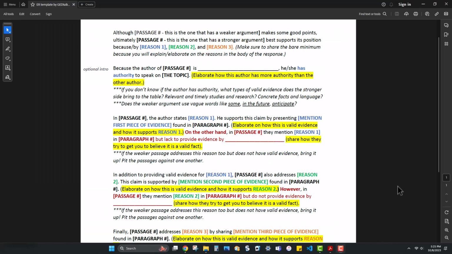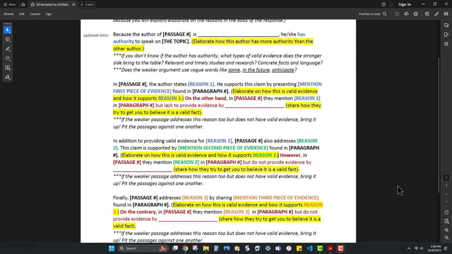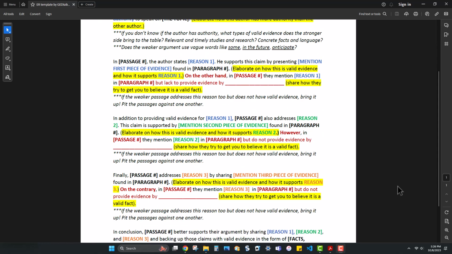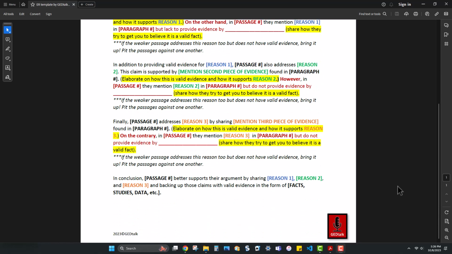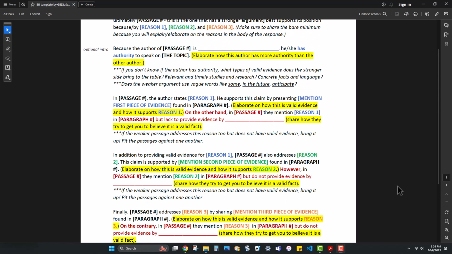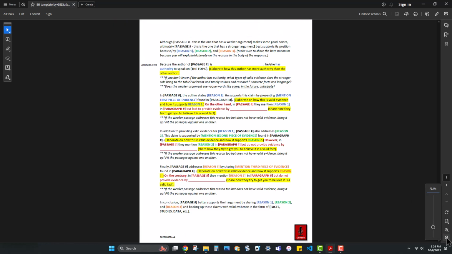There is a template that I am sharing in the description box below. Folks, this is to help you understand how you can organize your paper, organize your ideas. This is not something set in stone either. We read in the notes that it's possible to only have one paragraph and score a high score.